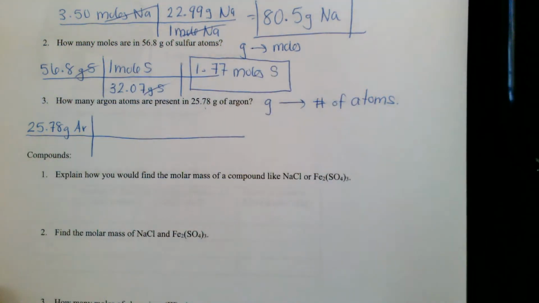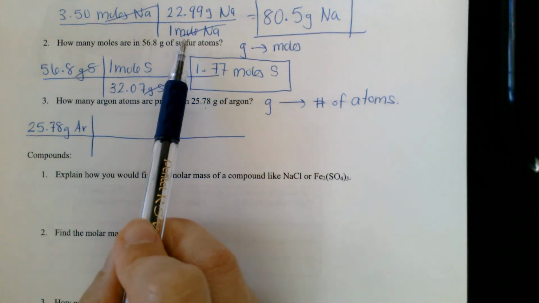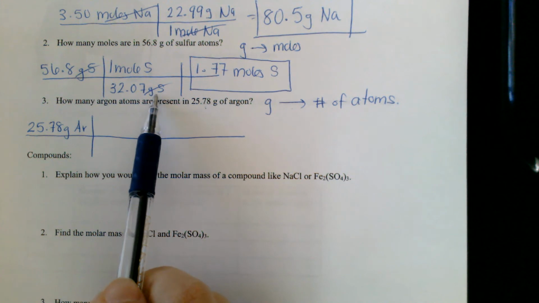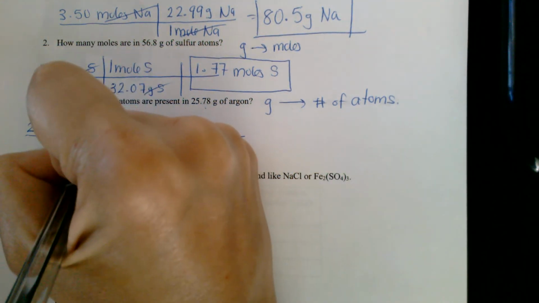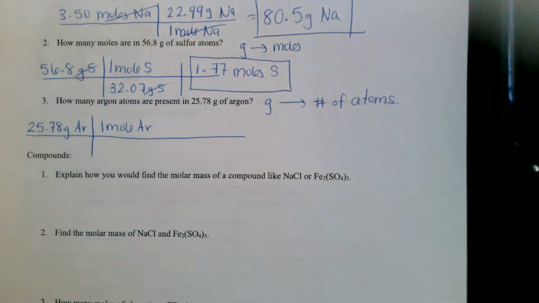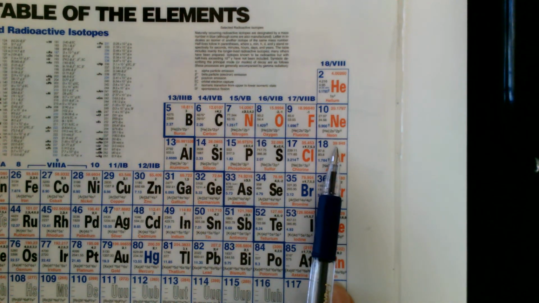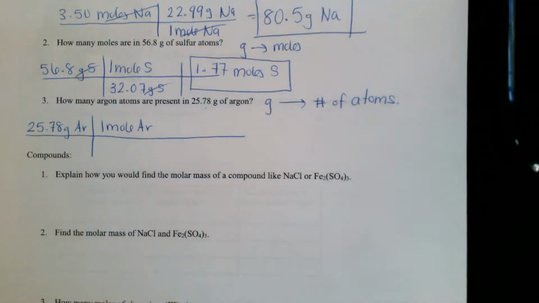So we're going to start with our 25.78 grams of argon. I'm converting it to moles, so I'm going to end up dividing by my molar mass like we see here. So we're going to put our 1 mole of argon up here. The mass of argon we're going to get from our periodic table, 39.95.